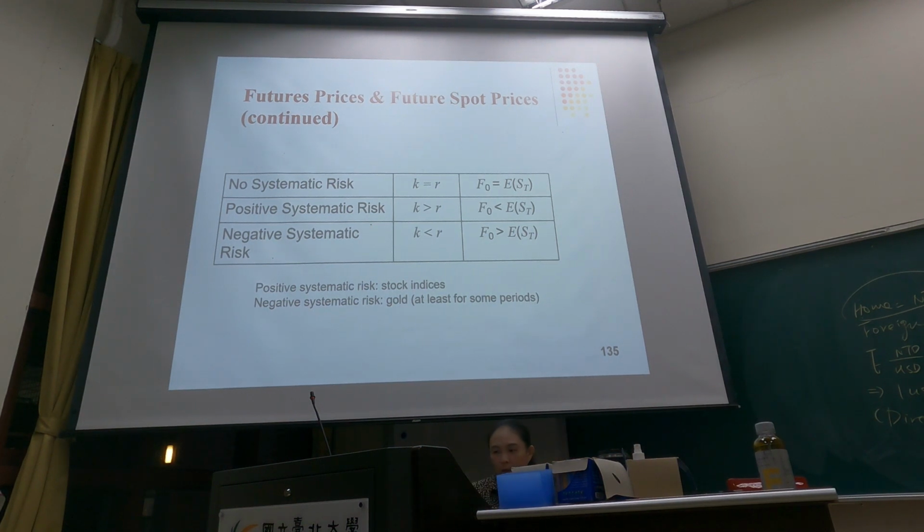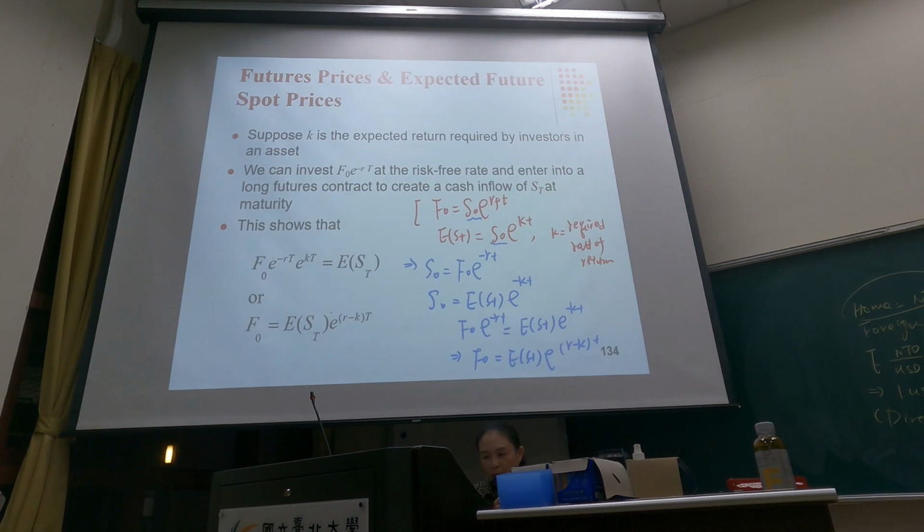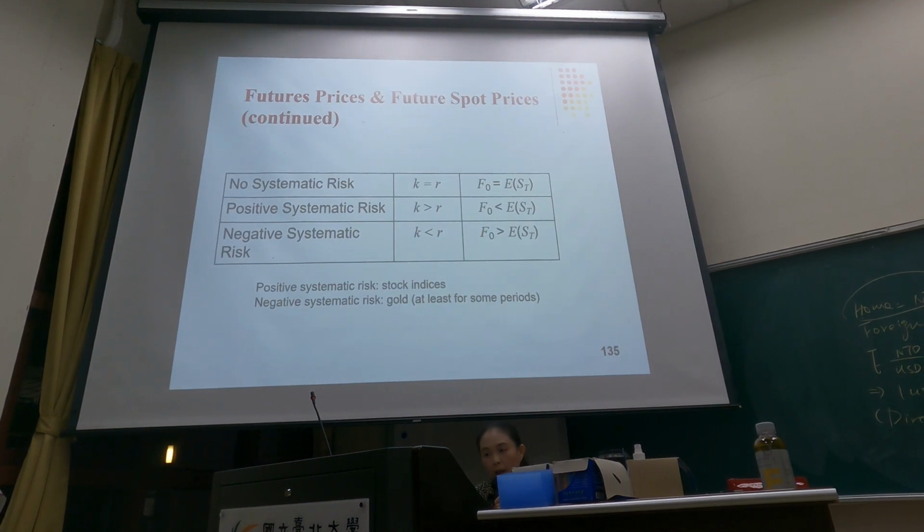So let's write down our final formula here. F0 equals E(ST) times e to the power of (r minus k)T, right? We just came up with that. So when there is no systematic risk, your required rate of return would equal the risk-free rate, right?